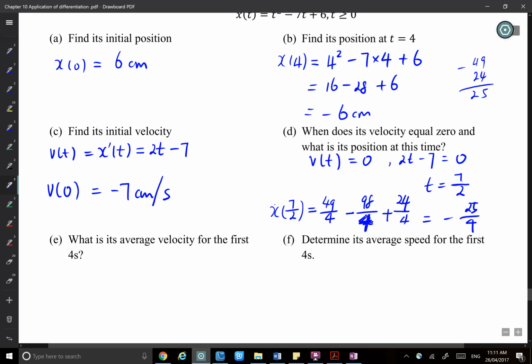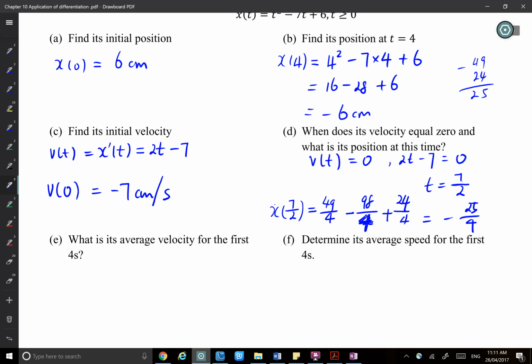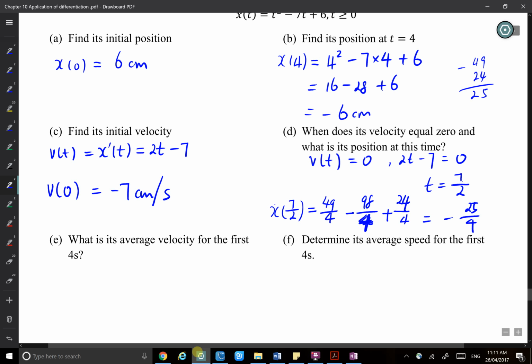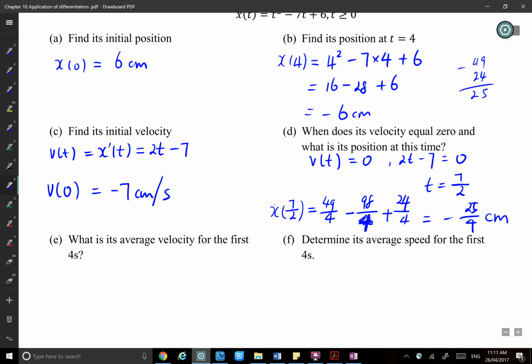If you can calculate that, 49 plus 24 gives you 73. 98 minus 73 gives you 25. It's minus 25 over 4 centimeters. It's to the left of the origin by 25 over 4 centimeters.